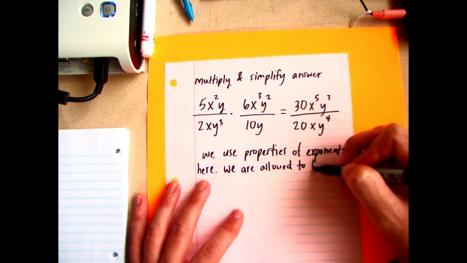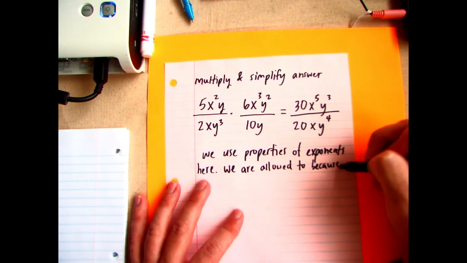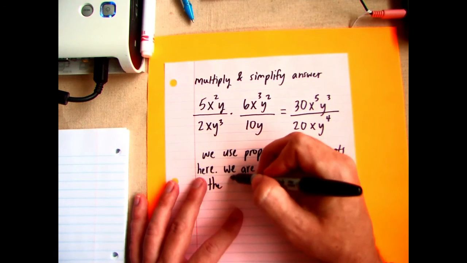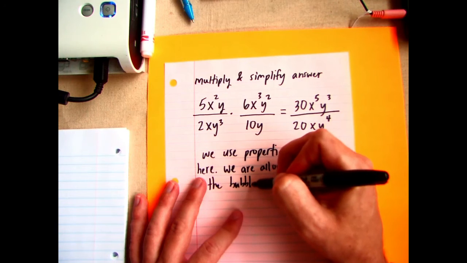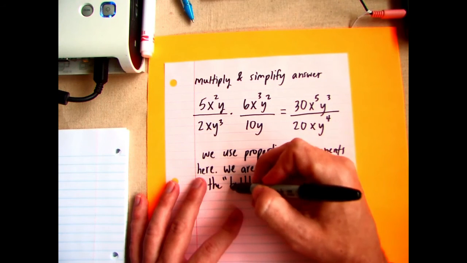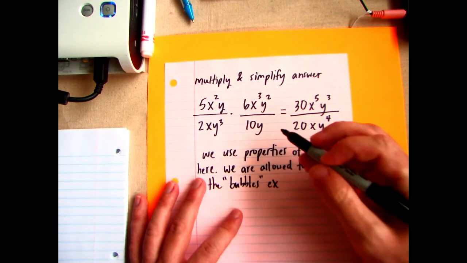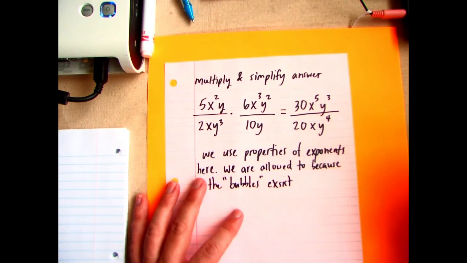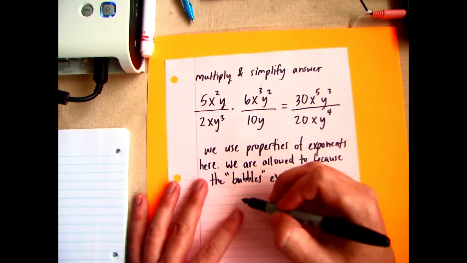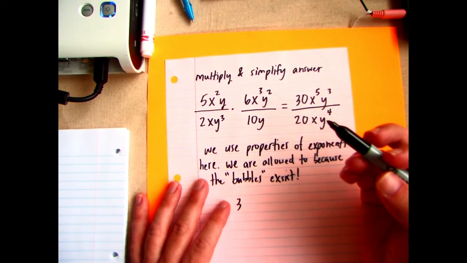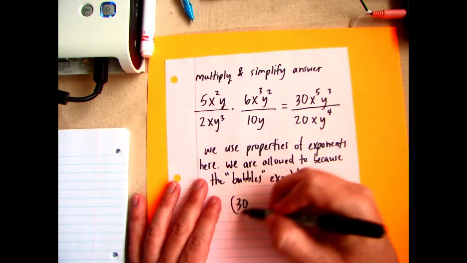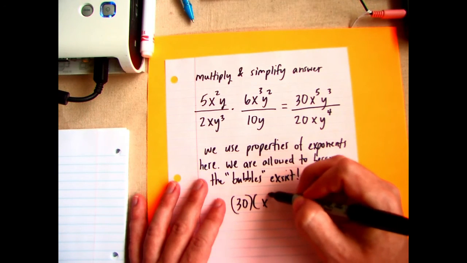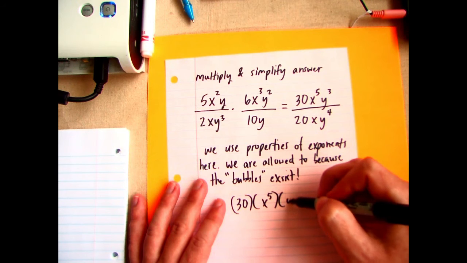And I'll show you that here in a moment. So let's write the numerator as a series of bubbles. The numerator would be 30 in its own bubble, x to the fifth in its own bubble, and also y to the third.